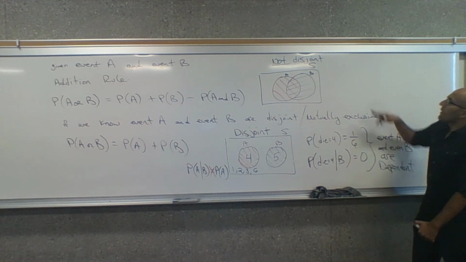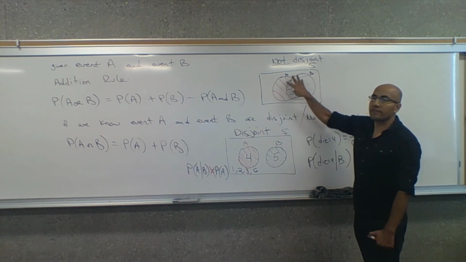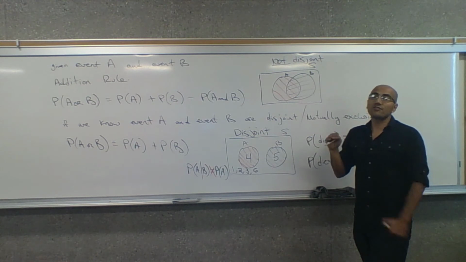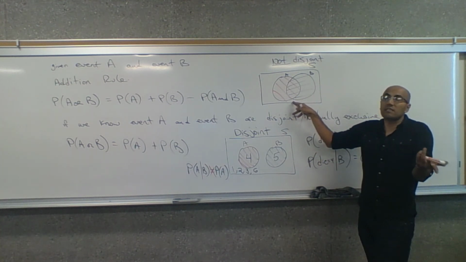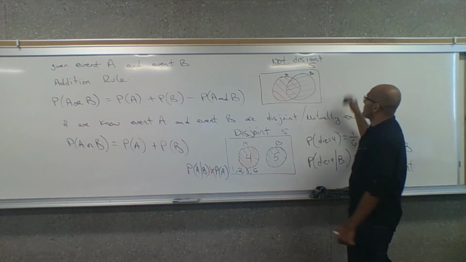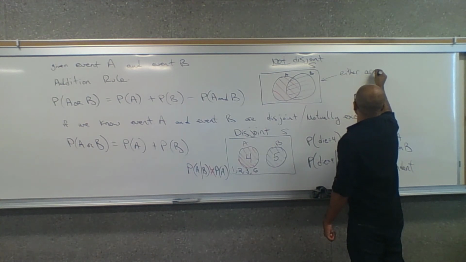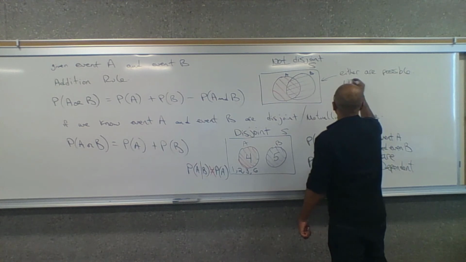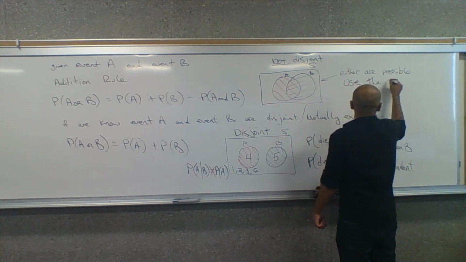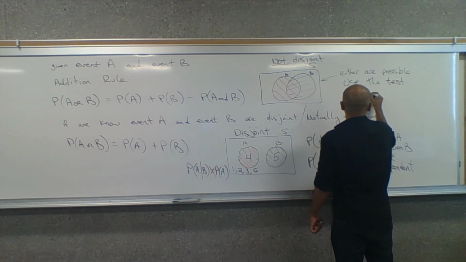Yes? Okay. On the other hand, if we have something like this, not disjoint, some sort of an overlap, then there's no clear conclusion. It might be independent, it might be dependent, we got to use our test. Either are possible, use the test for independence.